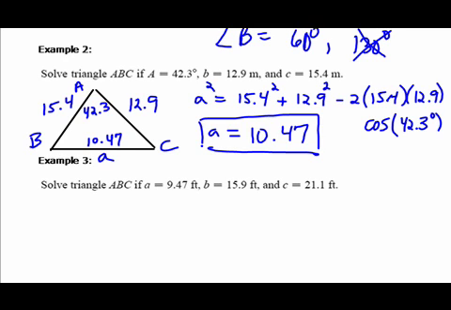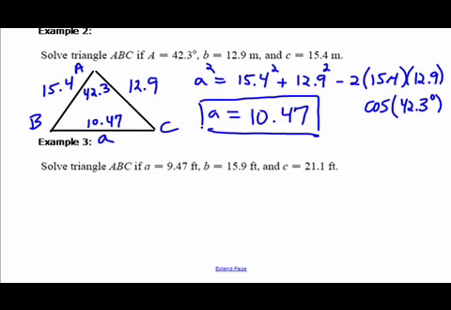See what I mean? Whereas if you find C first, then you're not sure. You don't know what to do. So we want to find the smaller of the two angles next, which means angle B.